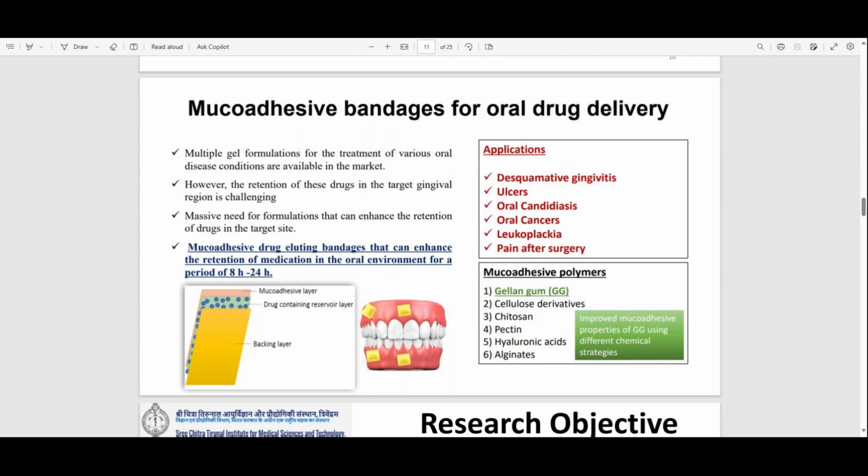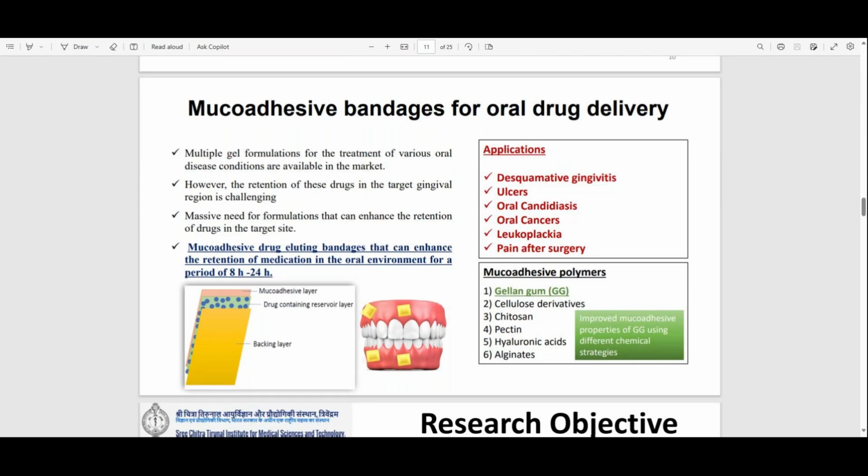That is why we are concentrating on developing mucoadhesive drug-eluting bandages that can enhance the retention of medication in the oral environment for a period of 8 hours to 24 hours. The gel formulations available in the market come out very easily, and we have to apply them frequently, maybe every half an hour, depending upon the severity of the condition.